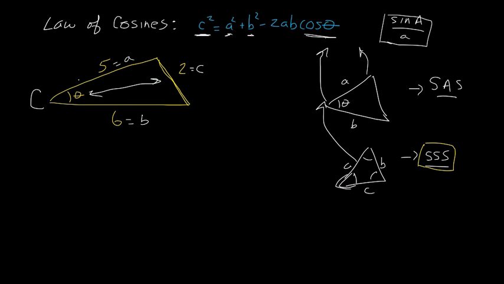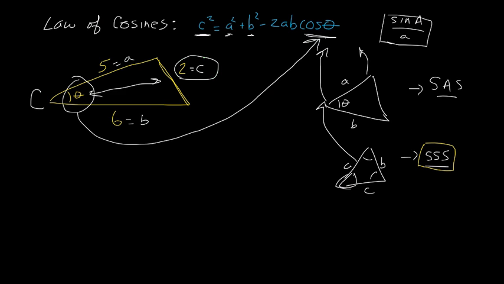So this theta that we're solving for goes right there, and this side goes here. So you have to keep this combination of side and its angle opposite. That's the key. You have to put those two together.